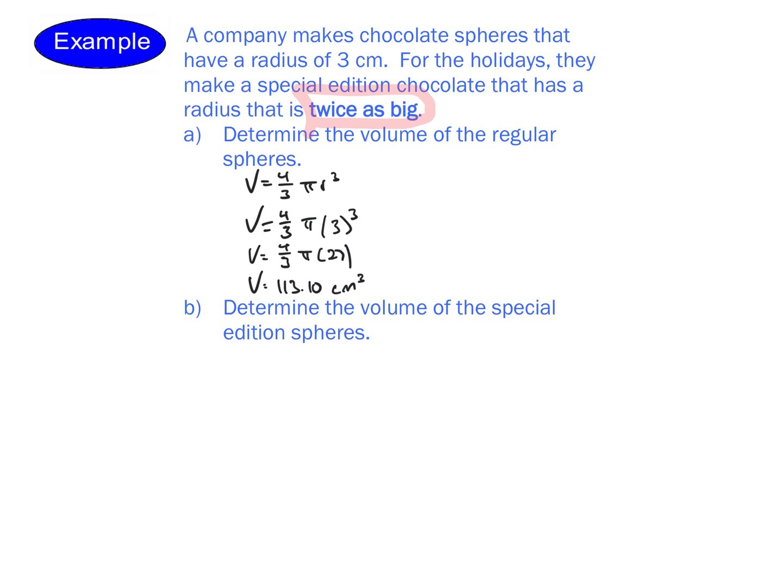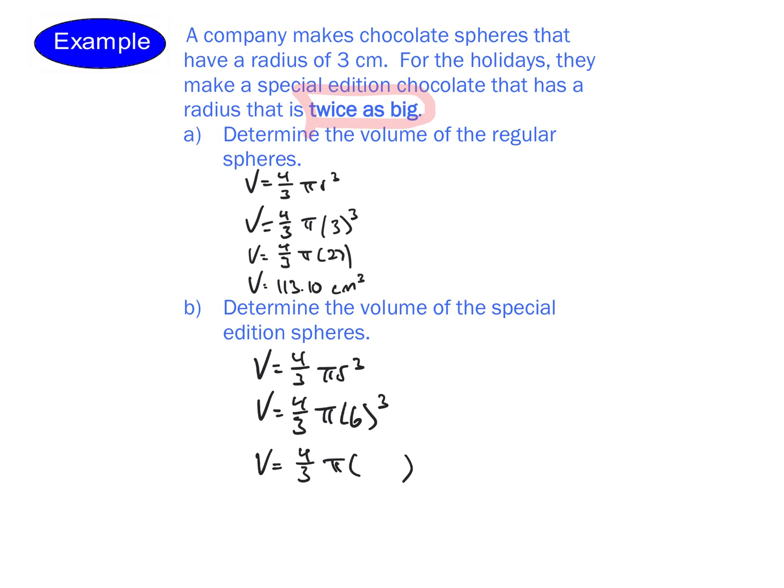So volume is still 4/3 pi r cubed. Now, though, instead of a radius of 3, we've got a radius of 6 because the radius was doubled. If we follow order of operations, we're going to figure out what 6 cubed is first.